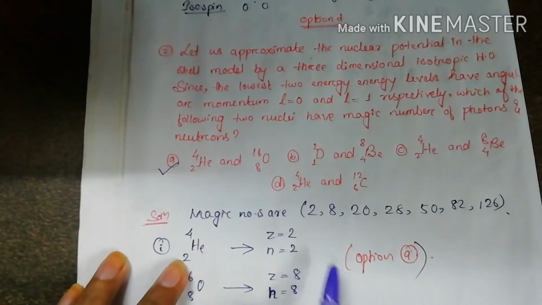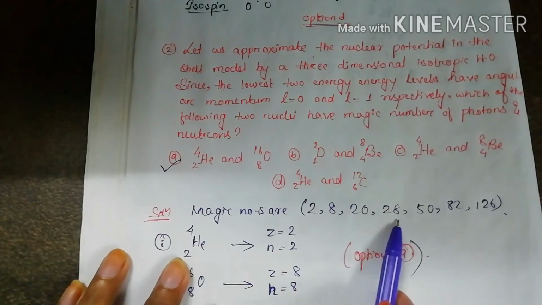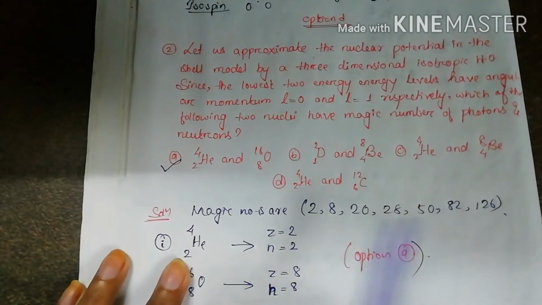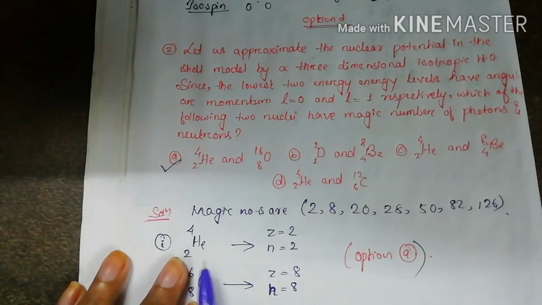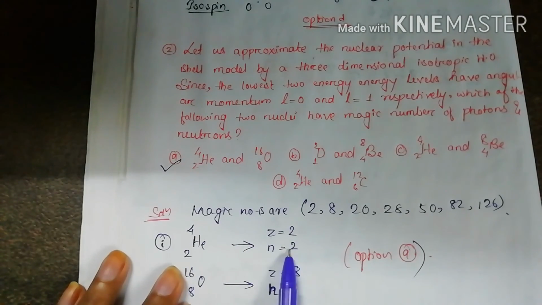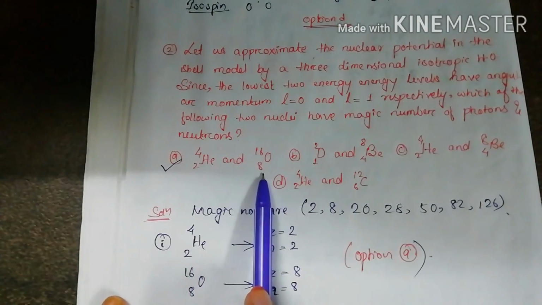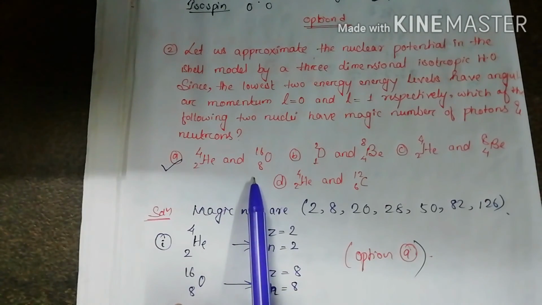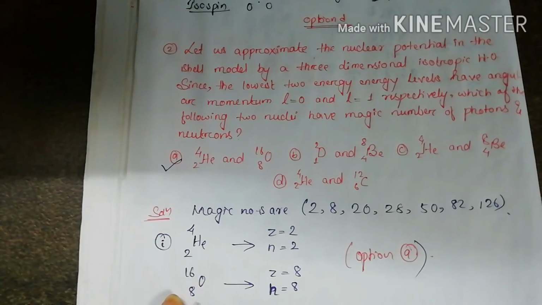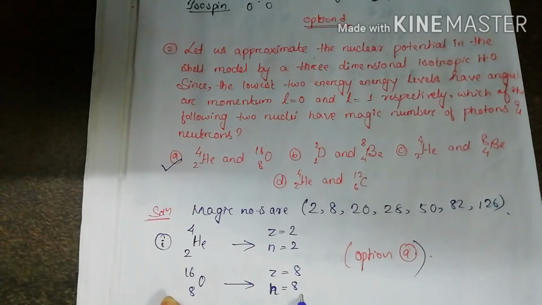The magic numbers are 2, 8, 20, 28, 50, 82, 126. For the first one, the number of protons is 2 and the number of neutrons is also 2, so this is a magic number. For the other one, 16 and 8, the number of protons is 8, which is a magic number, and the number of neutrons is 16 minus 8, which is also a magic number.